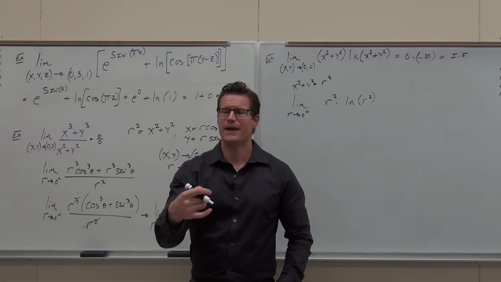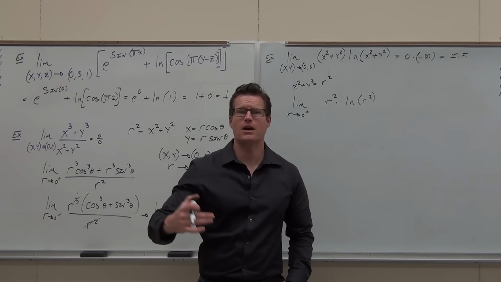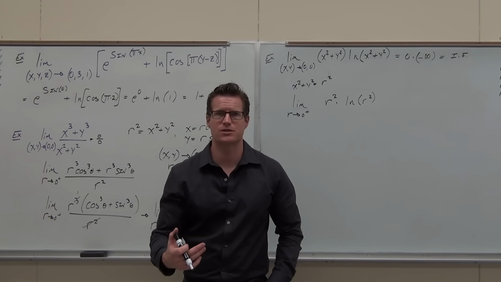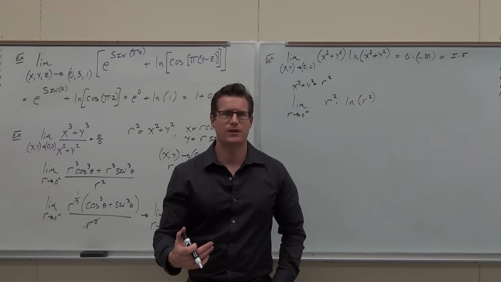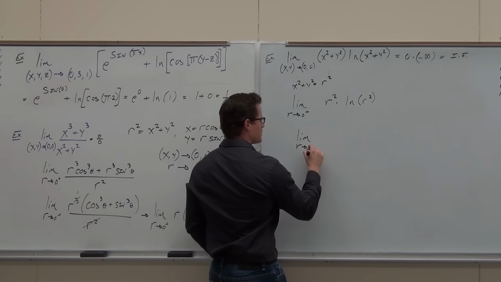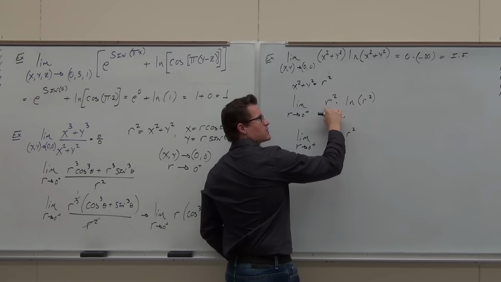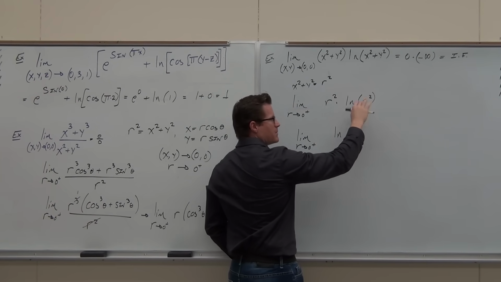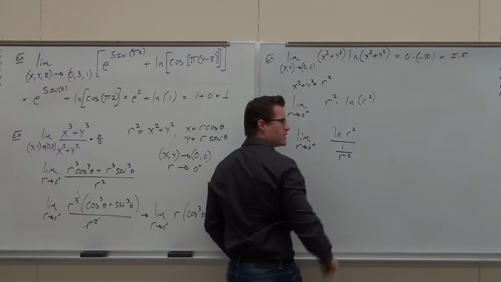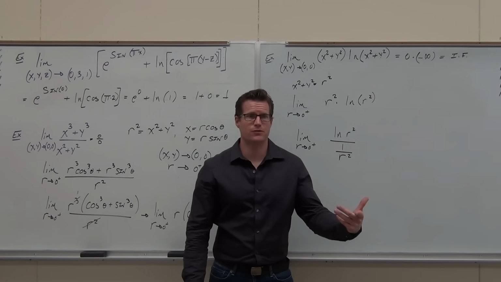Now, that doesn't help you with the indeterminate form, but if you ever did limits of indeterminate forms from section 6.7 from Calculus 2, then you know that at this point, if you have 0 times some type of infinity, and you create this complex fraction, you change the 0 into infinity.